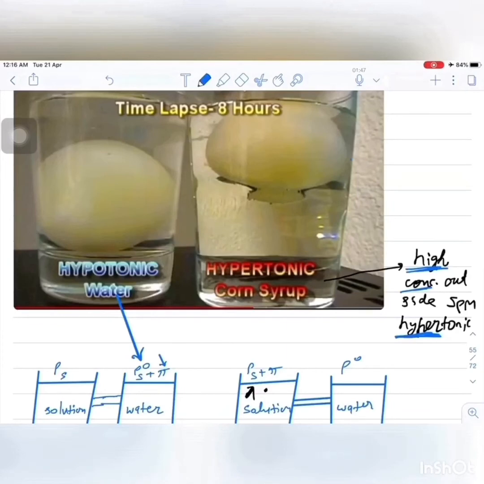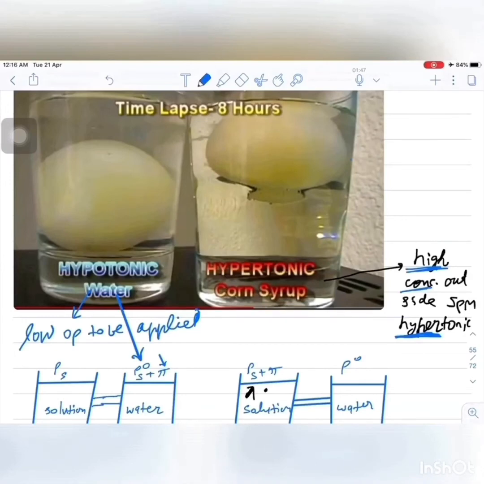It means the osmotic pressure, the pressure to be applied on water, is low or negligible or no pressure is required. When low pressure is to be applied on the solution outside the SPM, it is called hypotonic solution. What we conclude is, when low osmotic pressure is to be applied, then we call it hypotonic solution.